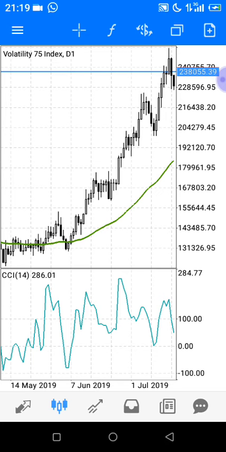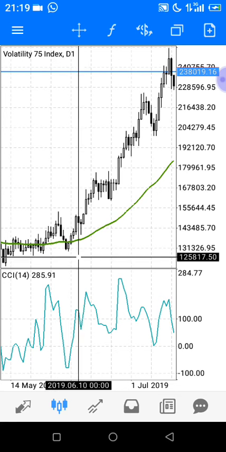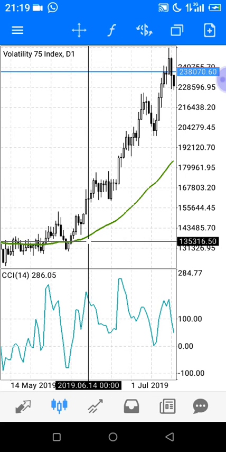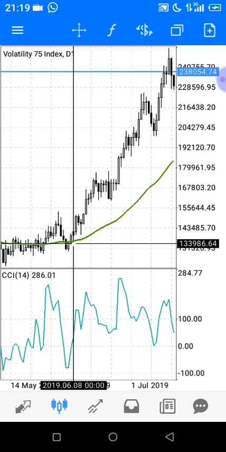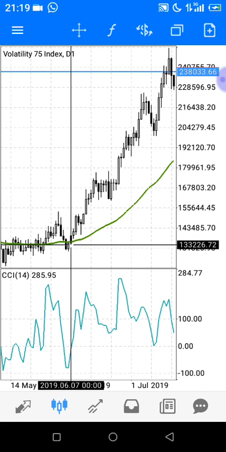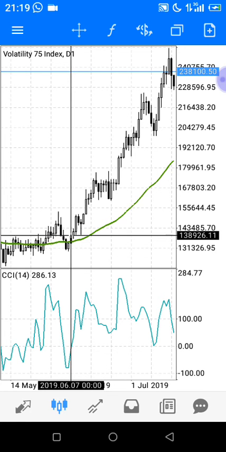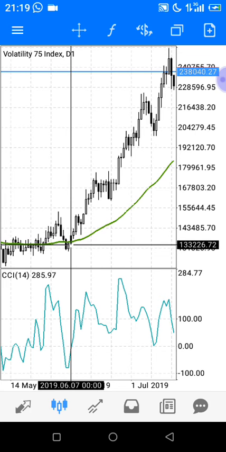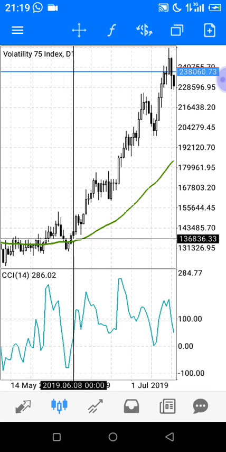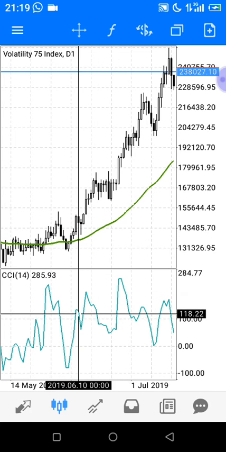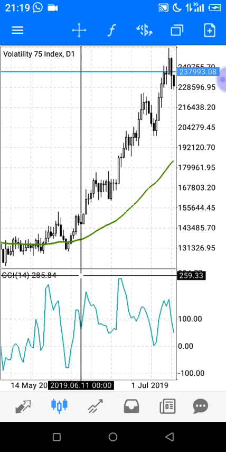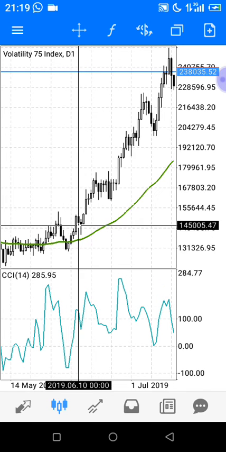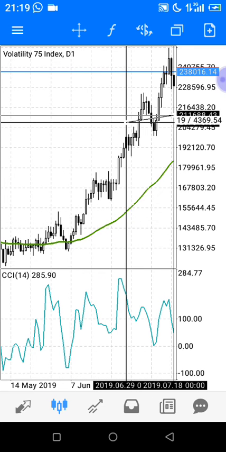If you had this strategy, you could have been in the trade already, because on this day, 7 June 2019, the candlestick closed bullish above the EMA 60, and at the same time the CCI value was above 100, so our conditions were met, and you can see from that day it was shooting up.